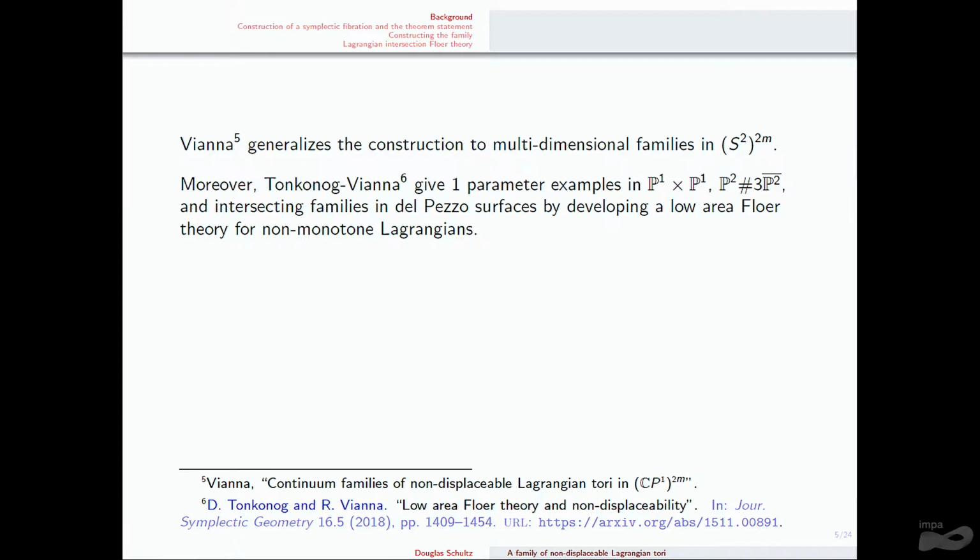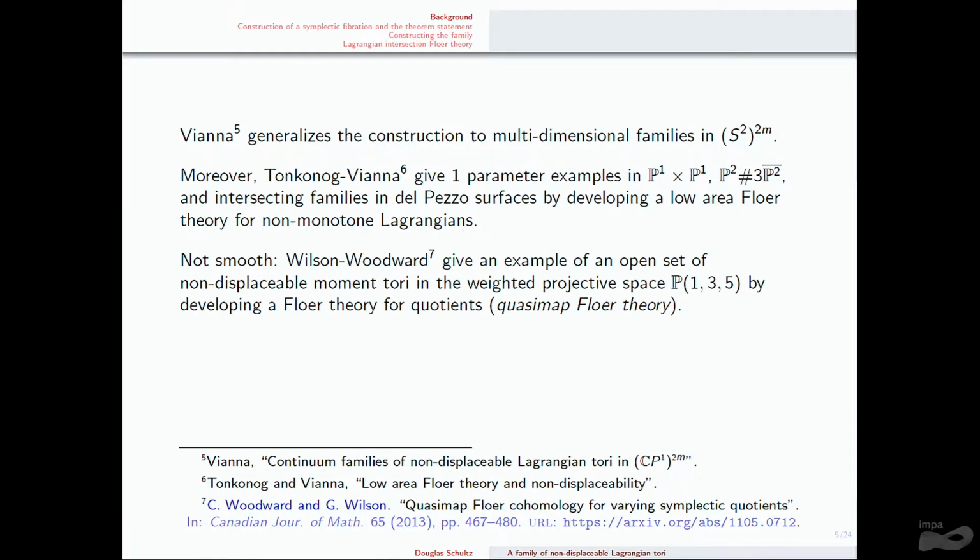Okay. I think this is the last one I'm going to give. In the non-smooth case, Wilson and Woodward show that there's an open set of actual moment tori in the weighted projective space, which is the quotient of P2 by some finite group action.